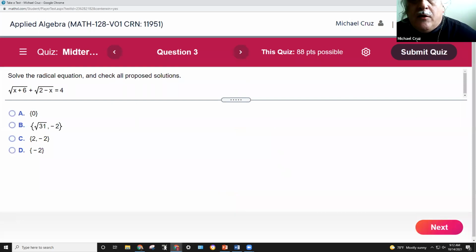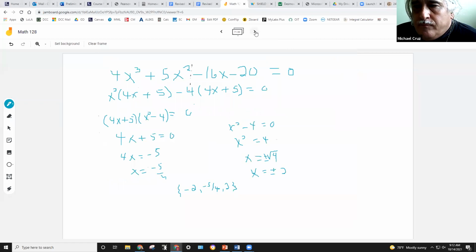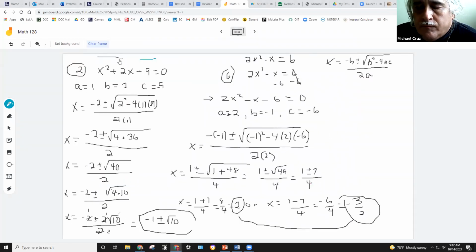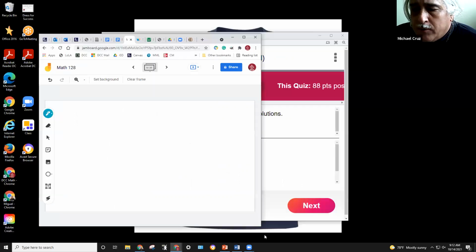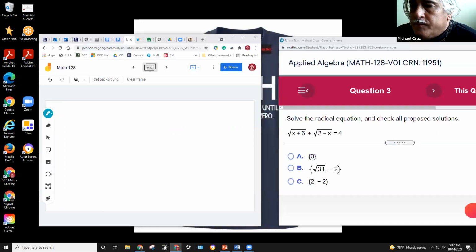All right, so solving a radical equation. That's simply a matter of isolating the radicals. You don't want 2 radicals on one side, that I can assure you of.